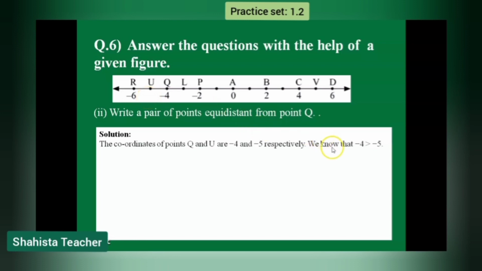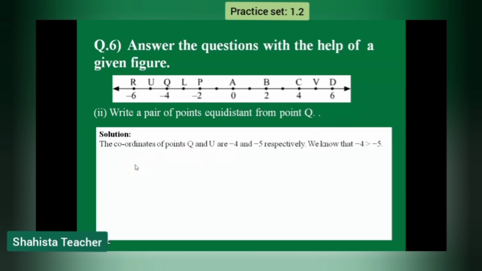After this, we know that minus 4 is greater than minus 5. In negatives the number that is smaller is actually greater, if both numbers carry a negative sign. Now we are calculating distance of Q to U. So the distance from Q to U is minus 4, distance sign minus, and minus 5.